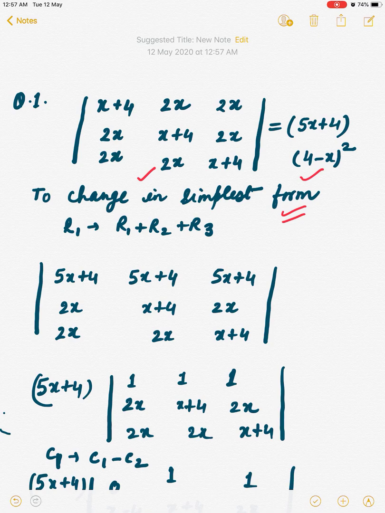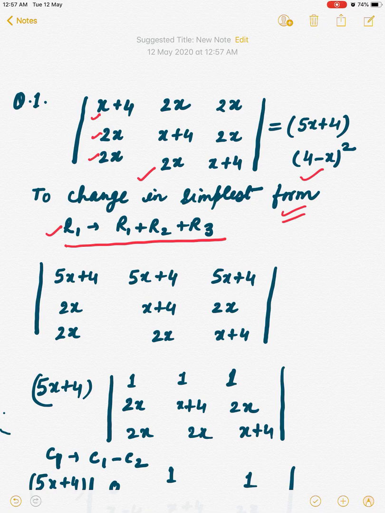So children, I'm starting from the very first operation. I'm making a change in R1: I'm adding R1 plus R2 plus R3. This is my first change.